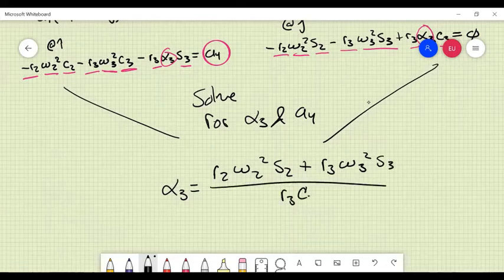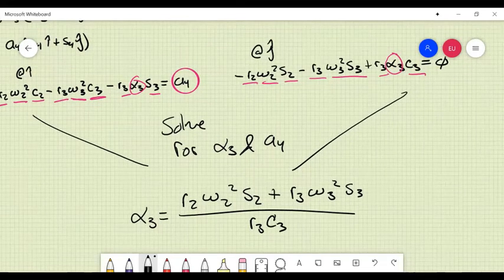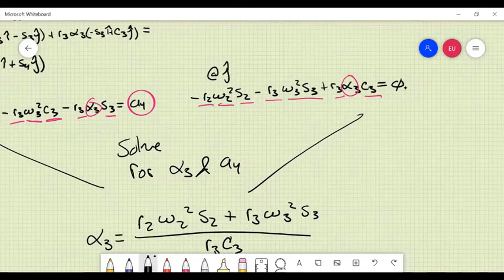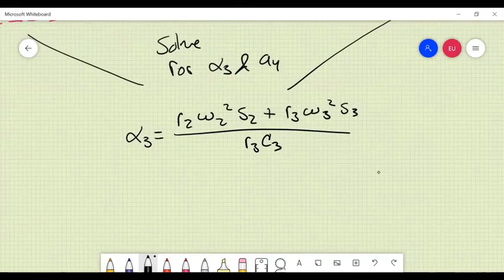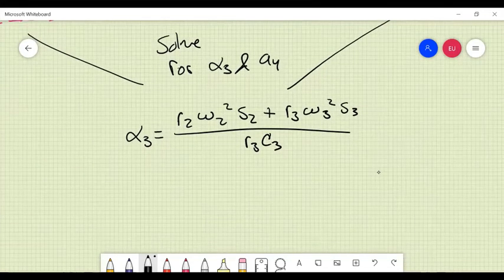Aren't they negative? I don't think they are, because these two go to the other side positive, right? Oh, sorry, I got the R3 negative in mind. I'm sorry. No problem. Then you can substitute this.